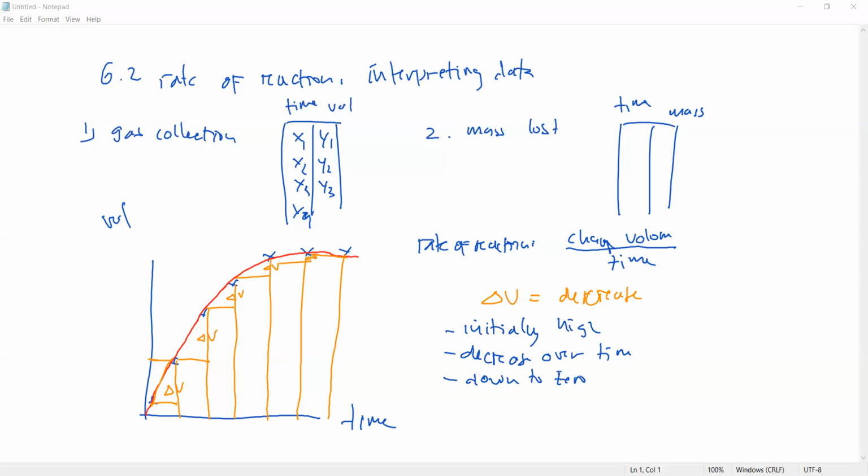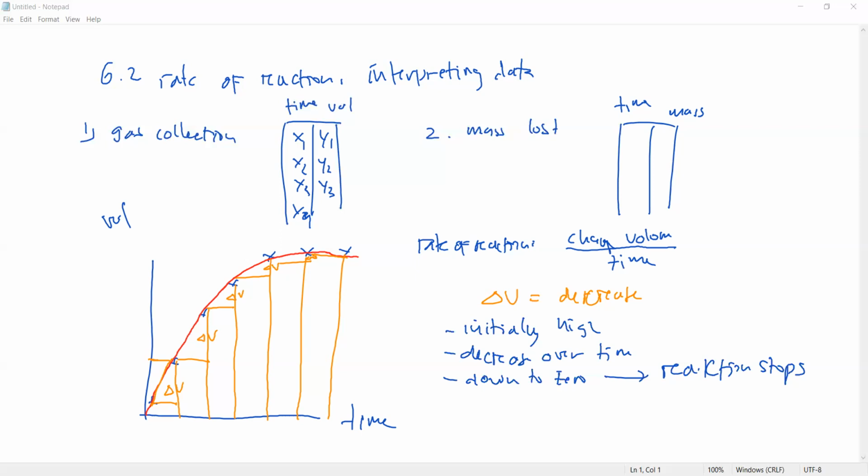When, with sufficient time, we don't see any other change, we say that the reaction stops. I repeat, when over sufficient time, we see that the volume is no longer increasing, we say that the reaction stops.